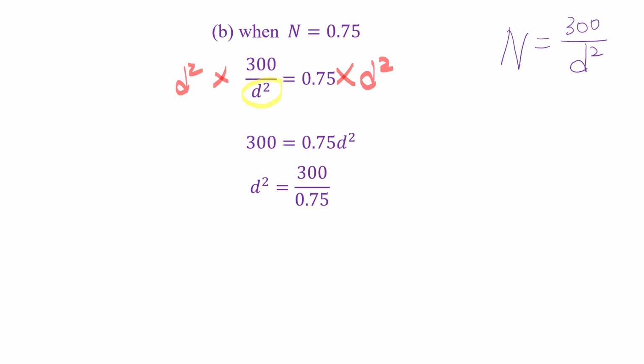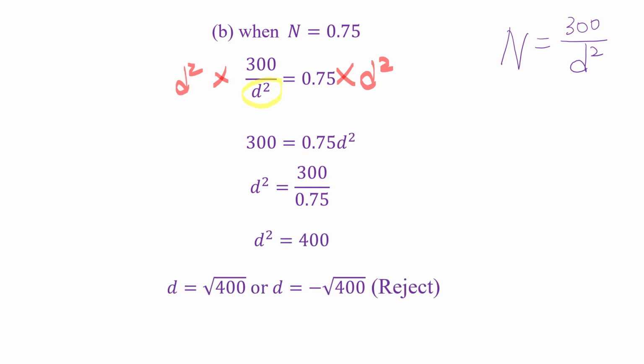You get 300 over 0.75, and we can square root: d squared is equal to 300 over 0.75. So it's possible to have two values. But of course, since d represents a distance, you can't have a negative value, so we just reject it. So d will be square root of 400, which is 20. So when the two particles are 20 meters from each other, the gravitational force is 0.75.